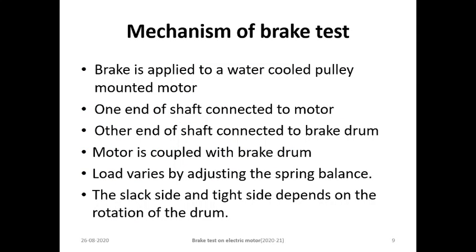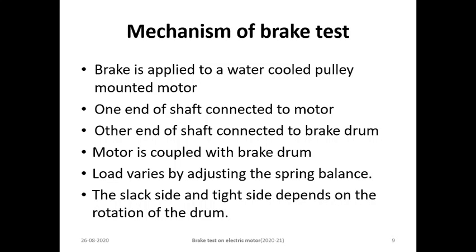So the basic mechanism of brake test. As I told before, in direct method, the load is directly applied by means of brake. So the brake is applied to a pulley mounted on motor, and we use water to cool the pulley.